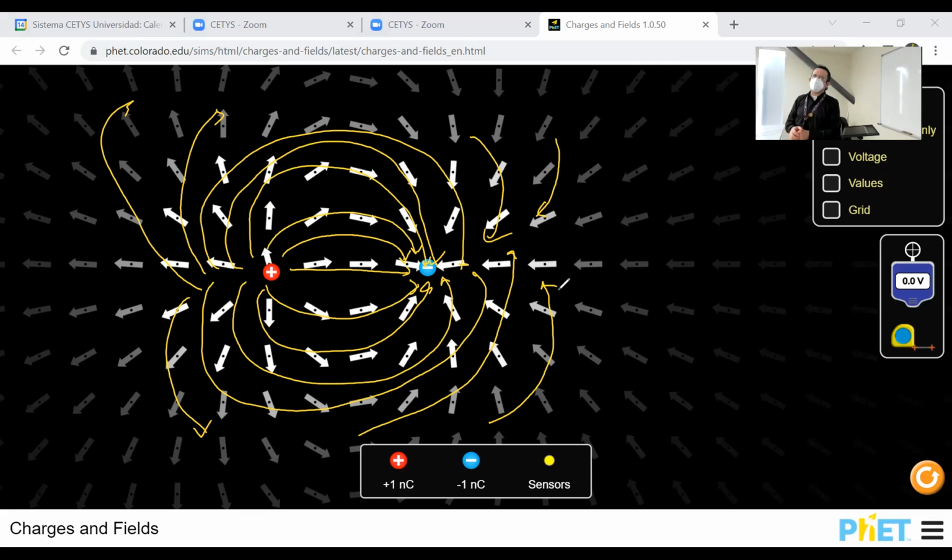In the case of the magnetic fields, when you have a compass, the metal part is going to be pointing to the north. That's a reference we have here on Earth because of the magnetic field of the Earth. But we don't necessarily call it positive or negative. It's going to be a different concept. But what is important is that it's a dipole.